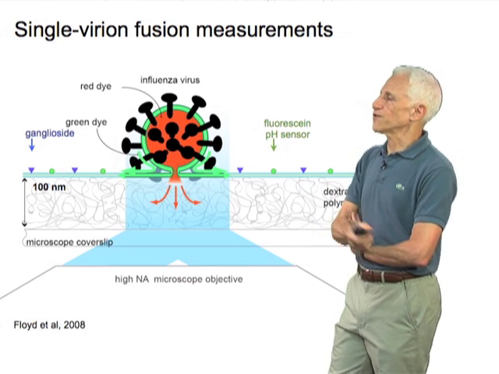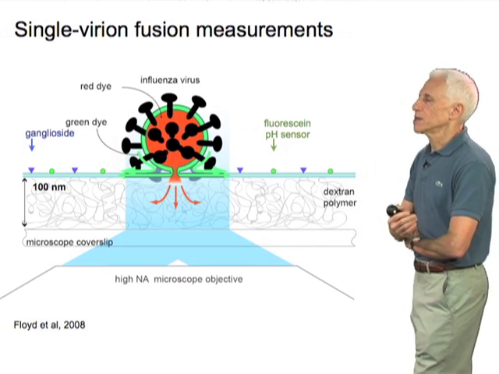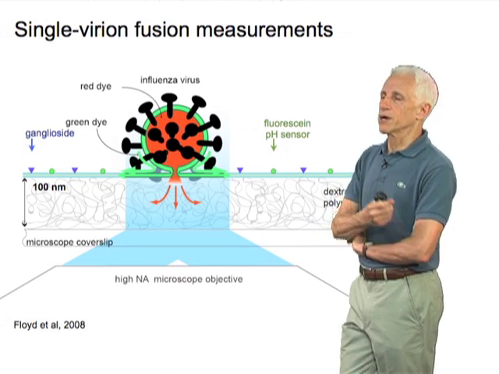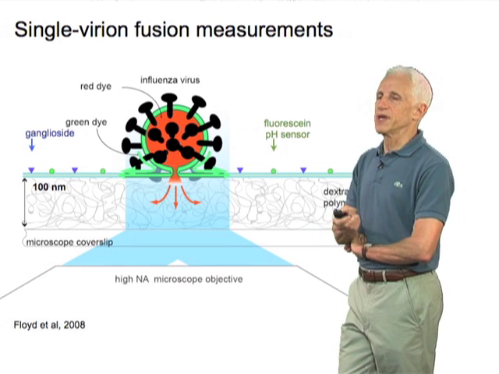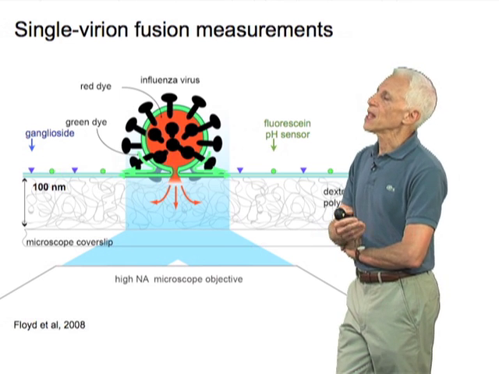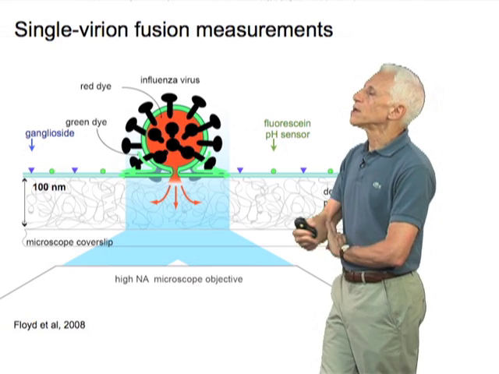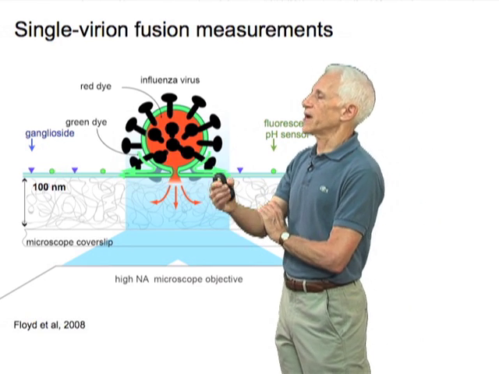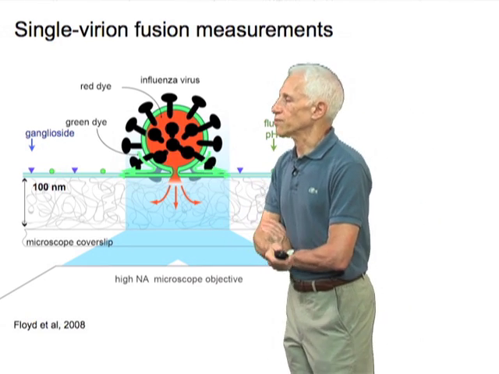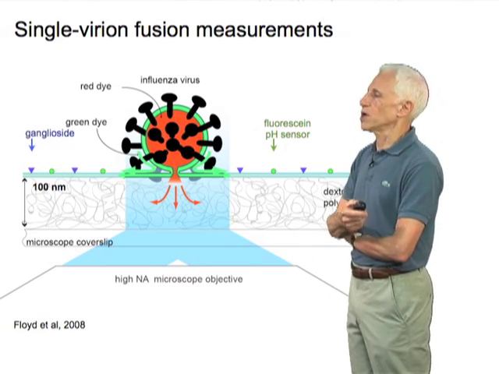And finally, there's a fluorescein pH sensor in the bilayer. Fluorescein is bleached when the pH drops below about pH 6, and that tells us when, in the experiment that you're about to see, the pH in the region of the virus particle fell below a critical value.